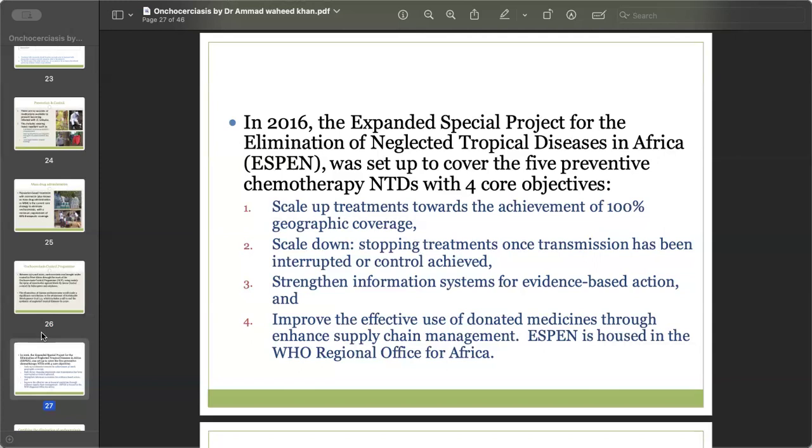ESPEN is housed in the WHO Regional Office for Africa.